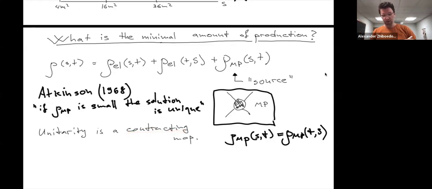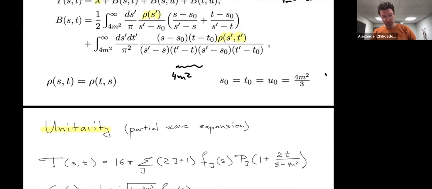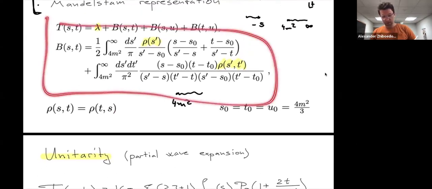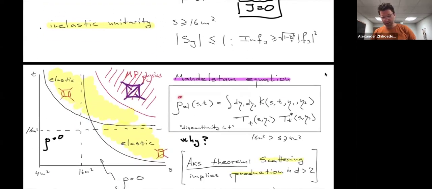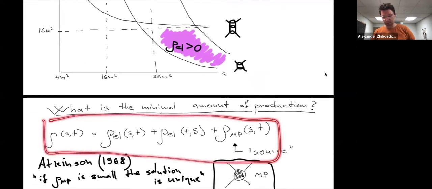And so he started with some source, and he started iterating this equation. You start with the source, you compute the rho, you compute T from the dispersion relations, then you can plug them in the Mandelstam, you get rho L, you plug it back here, it's step 2. Now you get a new rho.